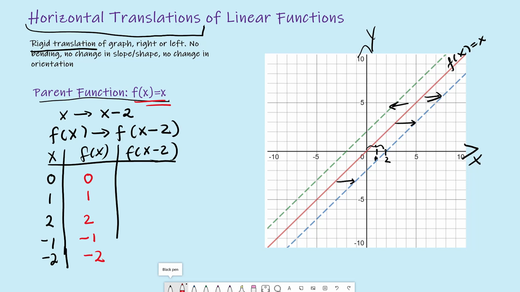What happens to f of x minus 2? Well, when x is 0, we get 0 minus 2, which is minus 2. When x is 1, we get minus 1. When x is 2, we get 0. When x is -1, we get -3, and -4 for x equals -2.